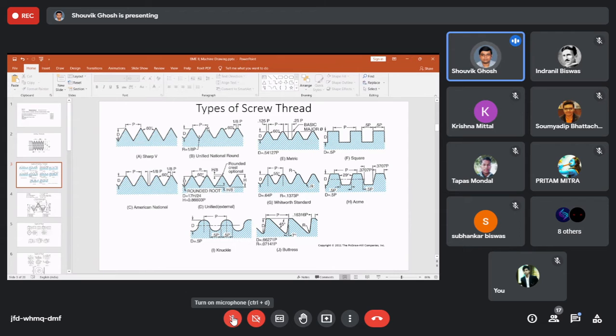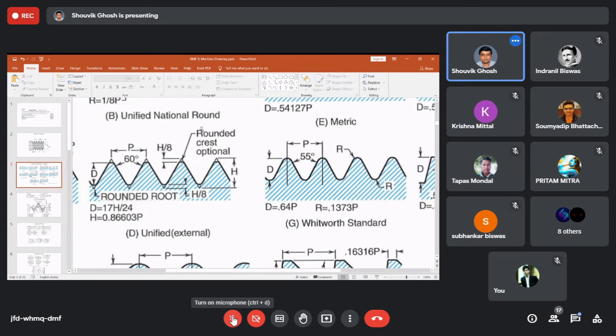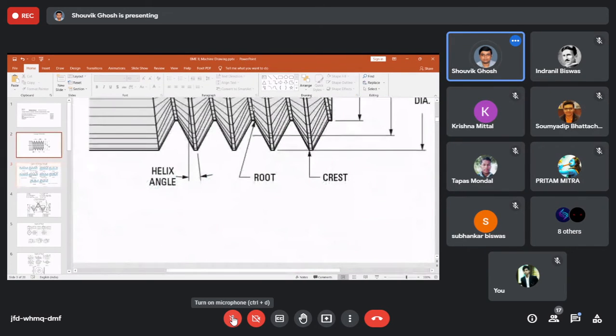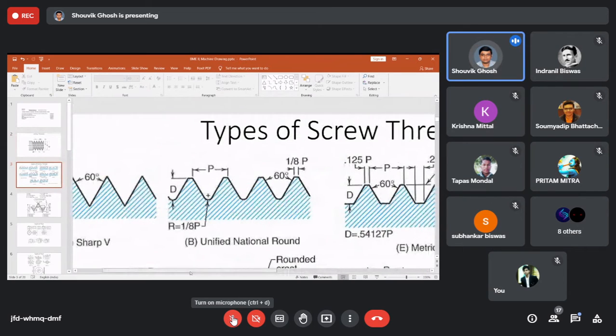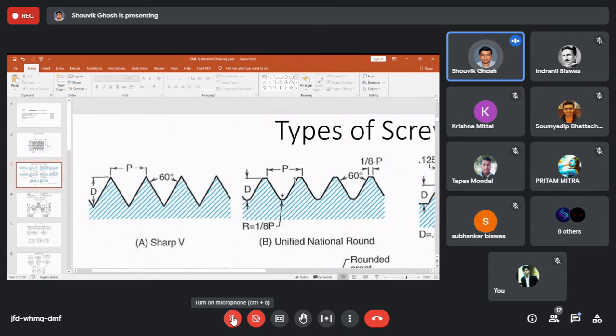You can see a small, if I zoom in, you will find that the tip of the thread, or the outermost portion of the thread, is not conical or pointed. There is a flat surface. The thickness of this flat surface is 1/8 of the pitch value.